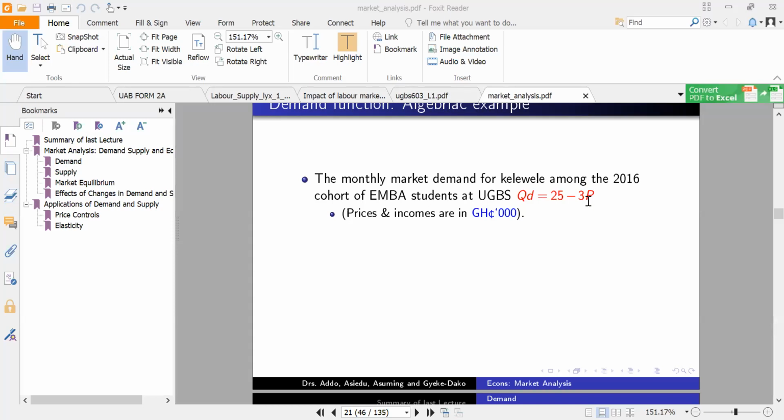So 3, 3, 3, 3, the difference. So if we want to increase the price by 3 cedis, you should know that the quantity bought will fall by 9 units. So that tells you the relationship between price and quantity demanded.